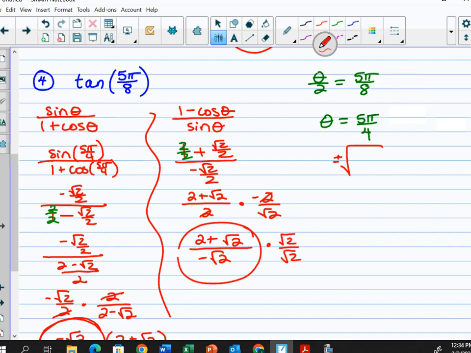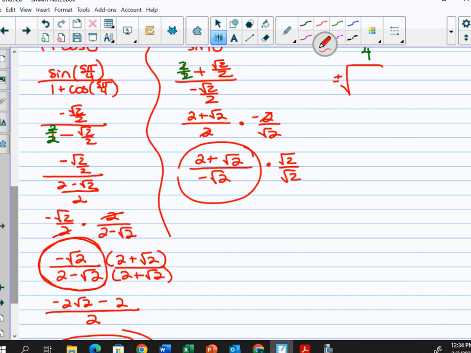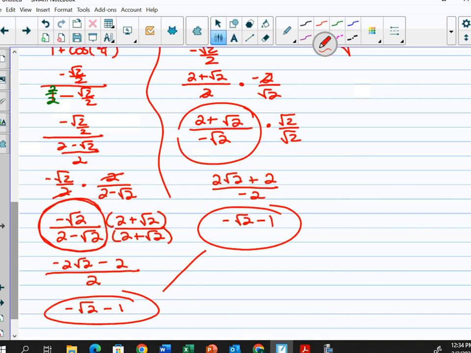You multiply by root 2 over root 2. And you get 2 root 2 plus 2 all over negative 2. Which, again, when you divide, you get negative root 2 minus 1, which is the same. You guys see it? Samesies? A little tricky. I like that formula better with just the sine in the denominator because you won't have such a complicated rationalizing piece to do.